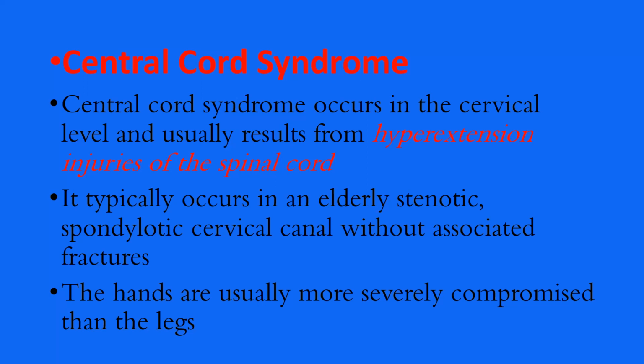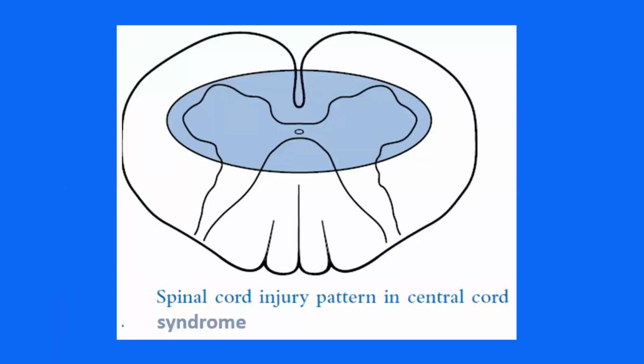The cord becomes compressed between the narrow canal caused by osteophytes and the yellow ligament. They impinge on the cord. This occurs when they fall. They can have a hyperextension injury, or rather any injury which would narrow the canal. So you have a spinal cord injury pattern in the central cord syndrome.